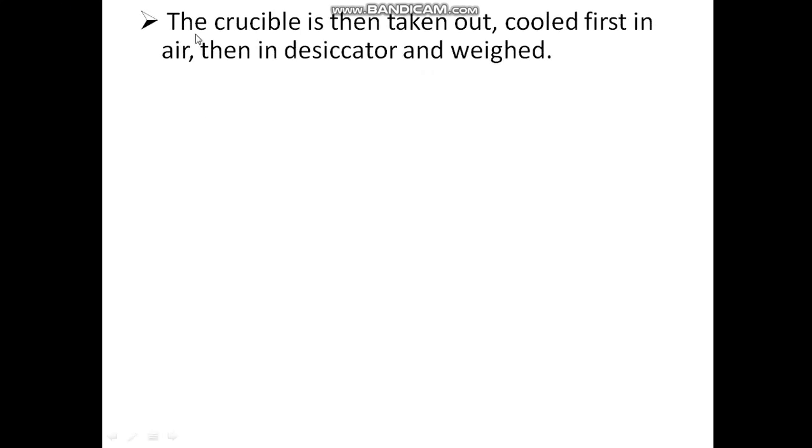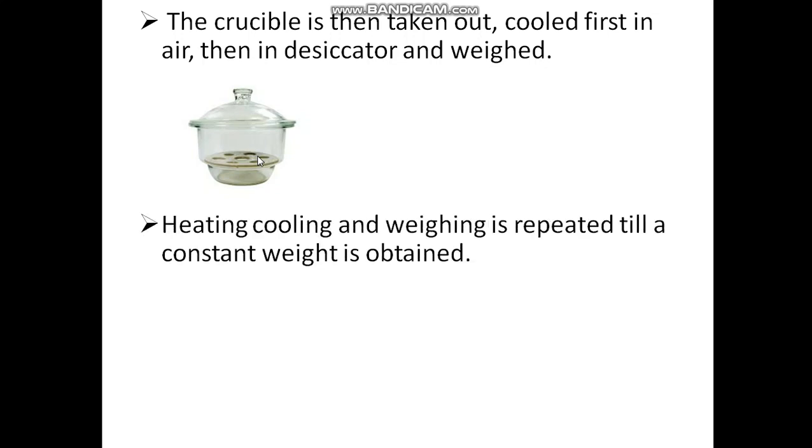Then the crucible is taken out. It is then cooled in air, then in the desiccator, and then it is weighed again. So this is the desiccator I have shown you. In this desiccator we are going to cool it. Now actually in the ash content we are going to repeat this procedure, that is heating, cooling and weighing.